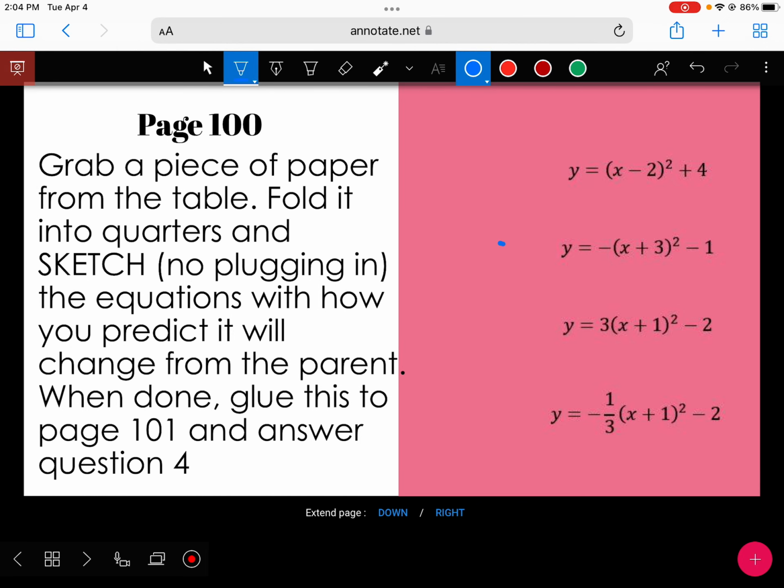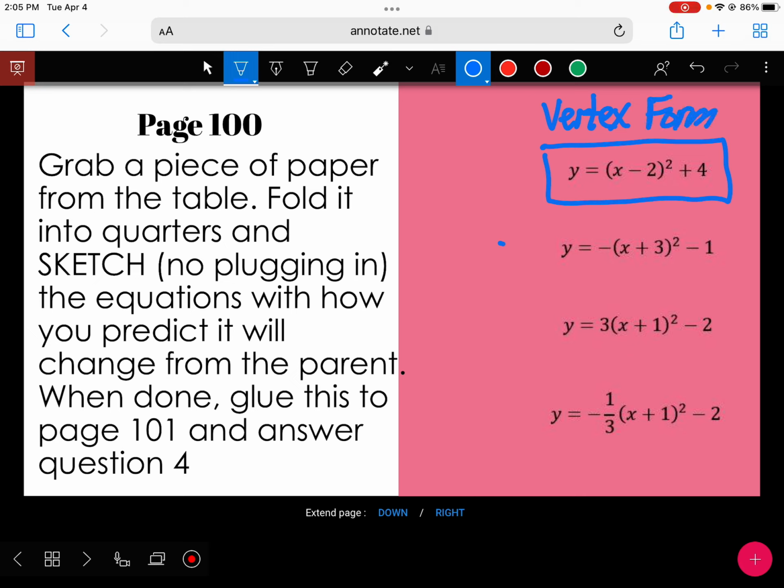So this first one, y = (x − 2)² + 4. Write that equation above your graph and then try to sketch it. And what form are all of these in? Vertex form. So you should be able to find the vertex.